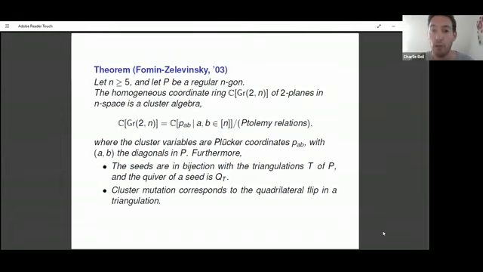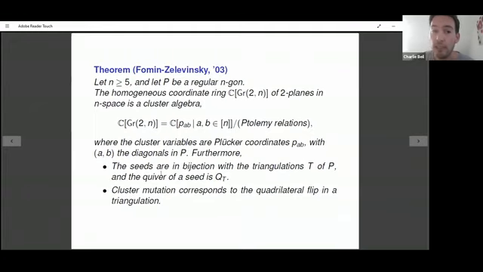Then the homogeneous coordinate ring for the Grassmannian of 2-planes in n-dimensional space is a cluster algebra, and it's given by these P sub AB, these Plücker coordinates, modulo these Ptolemy relations, where A and B run from 1 through n. And the cluster variables are these Plücker coordinates, and the ABs are the diagonals in our polygon P.